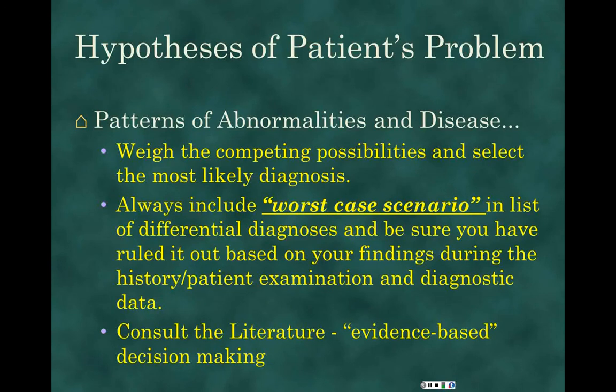Looking at the competing possibilities, and you select the most likely diagnosis. You're going to weigh those competing possibilities. You're going to say, well, this doesn't fit because of XYZ, or this particular one really seems to fit all of the subjective and objective data that I have so far. That will help you come up with your diagnosis.